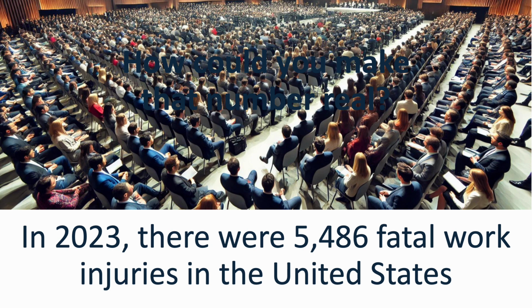Say you're attending a conference such as ASSP's Professional Development Conference, where there are usually around 5,000-6,000 people. Imagine this conference room has 5,486 people in it, and in 1 year, all of these people die from a work-related injury. Right? To me, that really brings it home and really helps visualize the sheer number of people that we're talking about when you say 5,486.